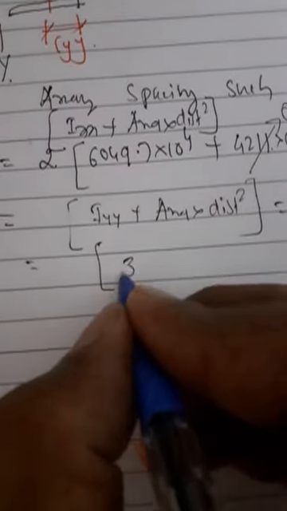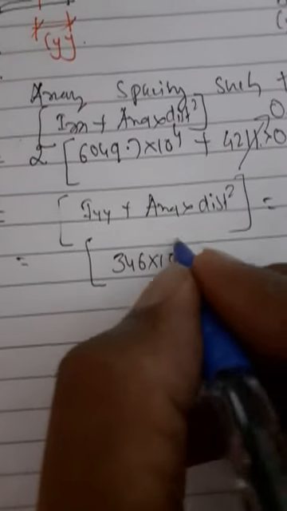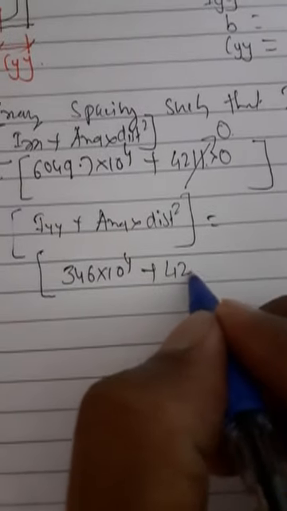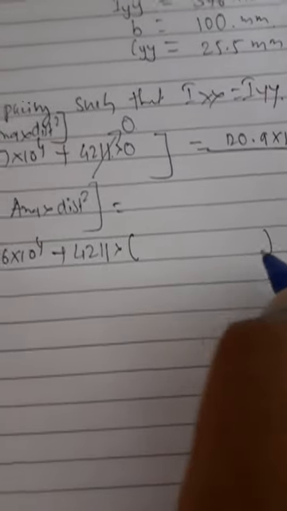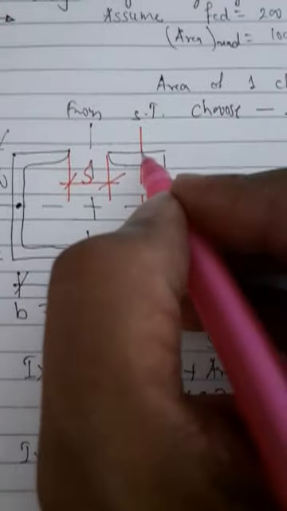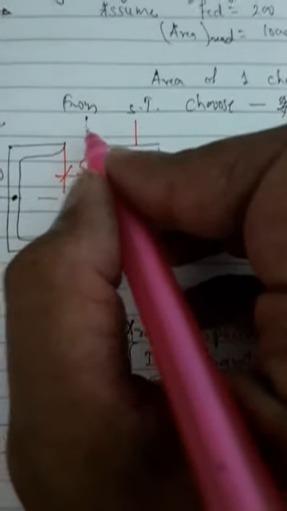IYY is 346 into 10 raised to 4 plus area 4211 into distance square. This term is very tricky. Remember I want the distance of the CG line from the center. This distance is needed.